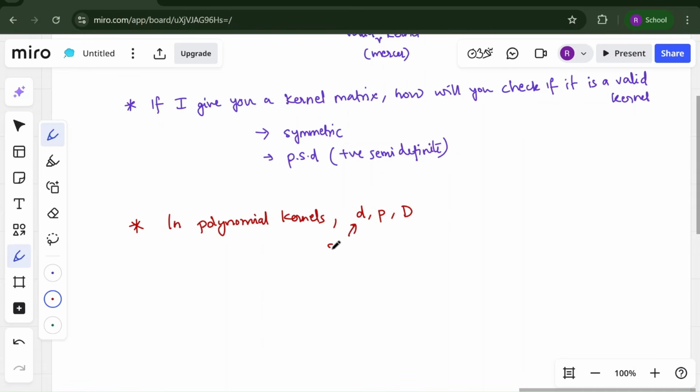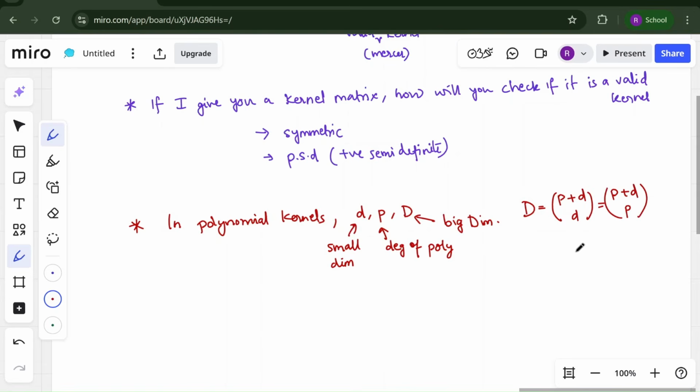This is the small dimension, this is the degree of the polynomial, and this is the bigger dimension. And these have a very good relation. The relation is that capital D is equal to (p plus d) choose d, or equivalently you can write it as (p plus d) choose p also. It's the same thing, right? Oftentimes you are given the degree of the polynomial and the small dimension, and then you are asked what is the big dimension.